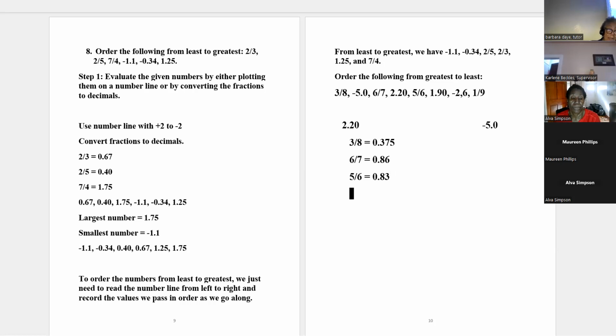And 1/9, right? Did everybody get this for your decimals? Okay, Maureen, did you get this for your decimals? Your fractions converted to decimals? Alva, did you get this? 6 divided by 7 is 0.86, right? Right, 0.86. 5 over 6, 0.83. 1 over 9, 0.11.